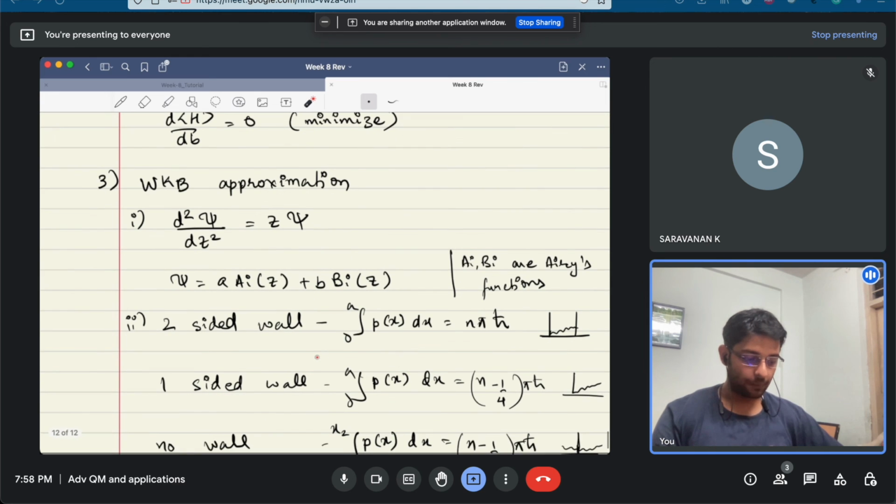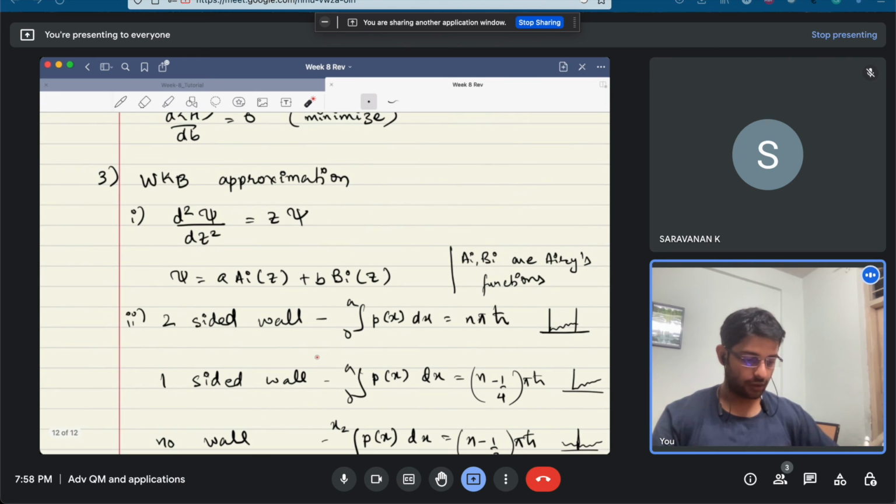Then we had the WKB approximation, in which this was one of the key equations. When you have something like a double derivative of psi, which can be with respect to x or any variable, say z, equal to z psi on the right hand side, then you get a wave function containing Ai and Bi of z, which are essentially your Airy functions.